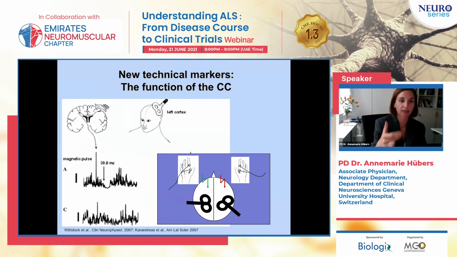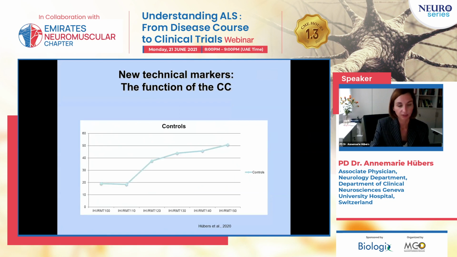And here we could show that in ALS patients, effectively, there is a decrease in this functional connectivity of the interneurons connecting both motor cortices. So here we measured what we call interhemispheric inhibition, which is a good marker for the functional integrity of these interneurons.